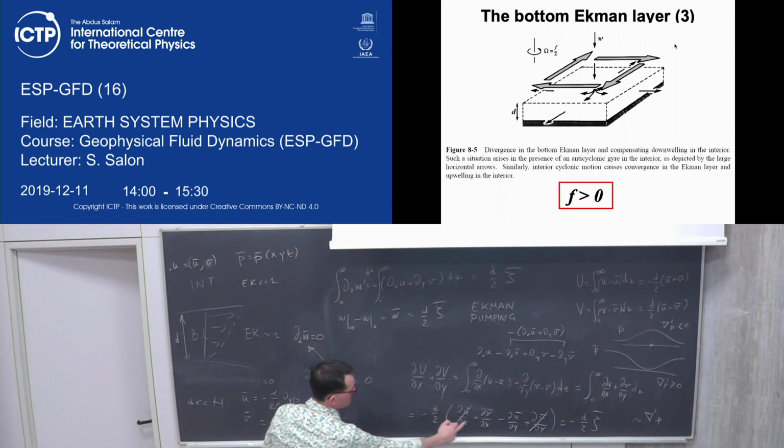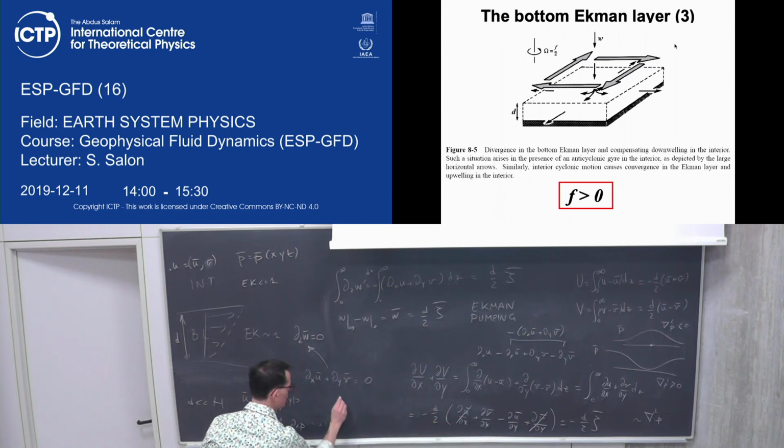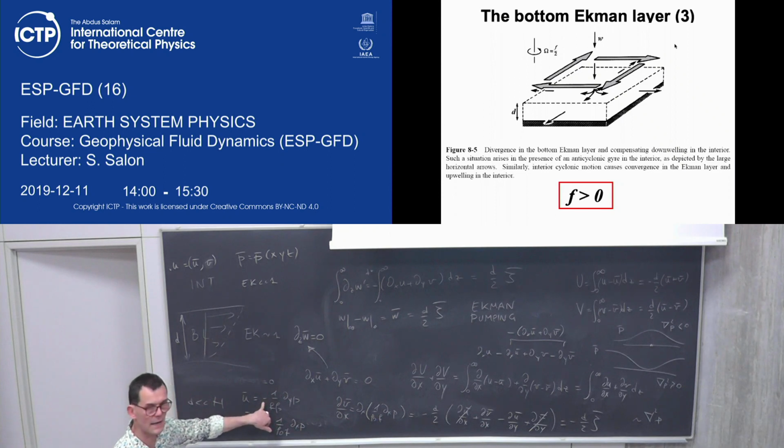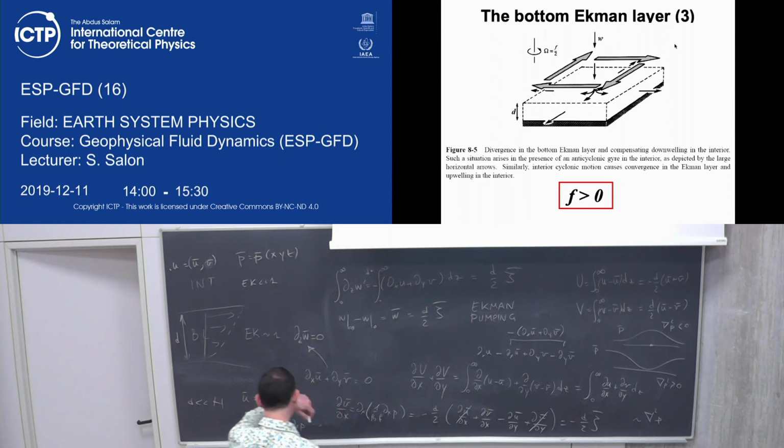If you have dv dx, so dv bar dx is equal to d dx, and v is 1 over rho 0 f dxp. So you have the second derivative of p. Okay? Then you have a minus, which counteracts this minus here, and then you have this. These are very, very simple.